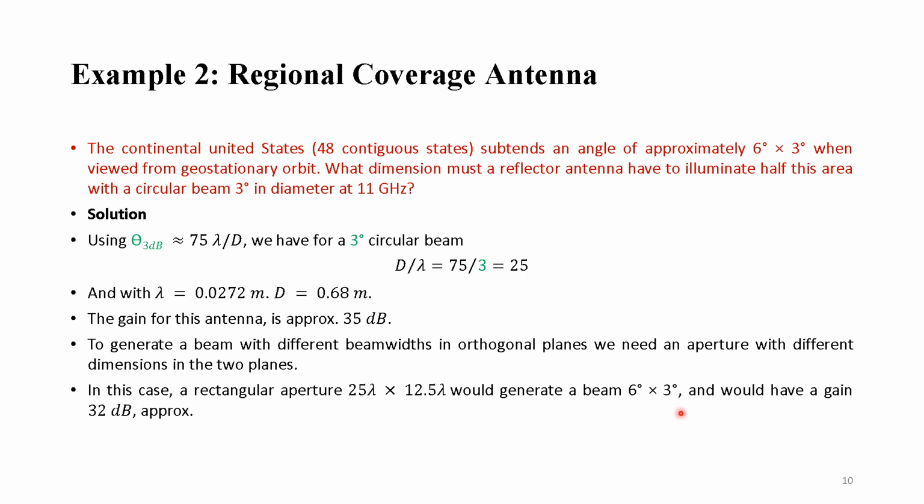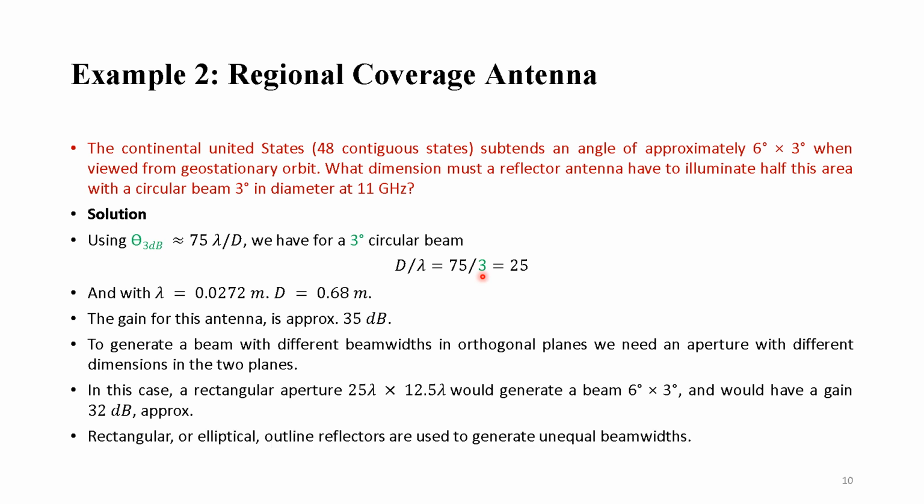So we have 6 here, which is going to give you 12.5 lambda. We have done things here for 3 degrees, and it turned out that the relation is 25 lambda. If you repeat this for 6 degrees, it's going to give you 12.5 lambda.